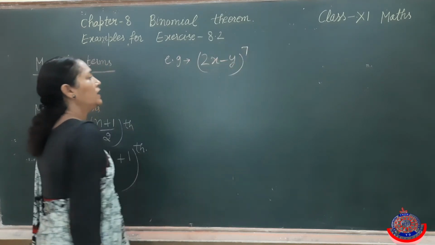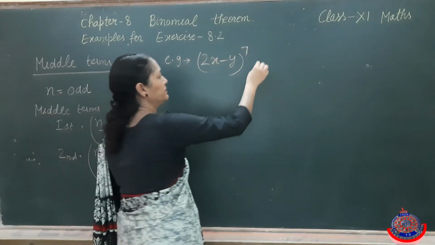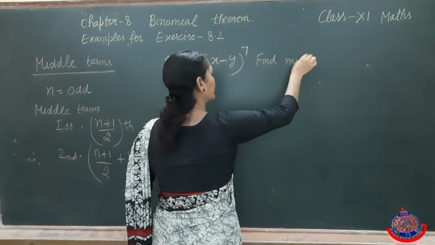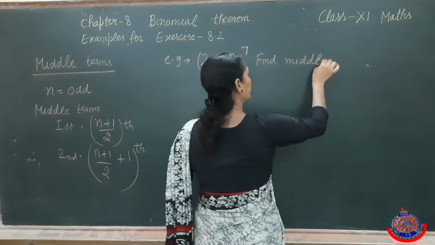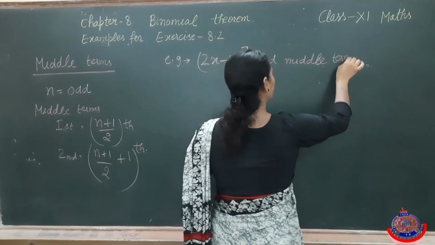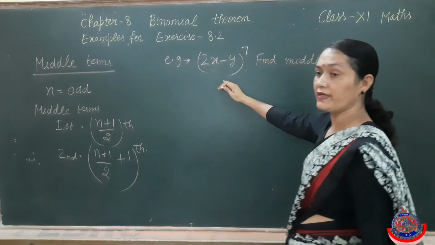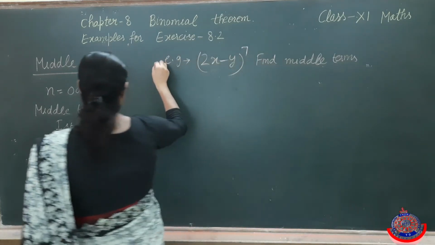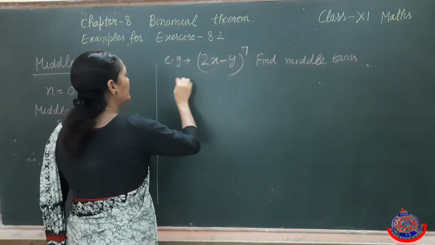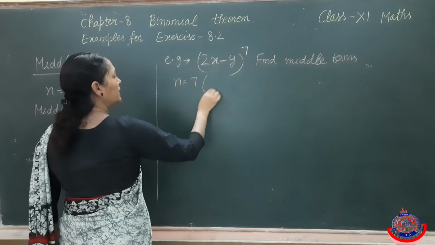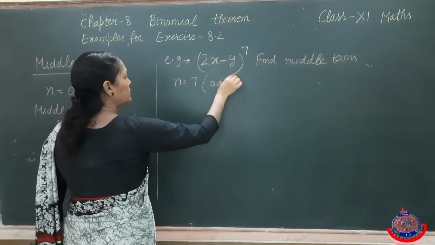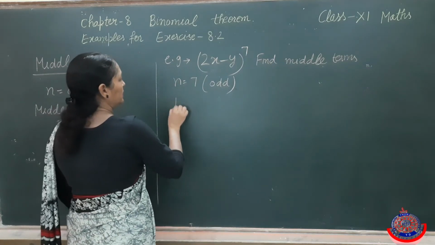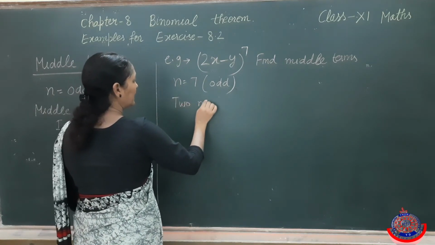This is the question. Find the middle term. This expansion is given and they are asking for middle terms. First of all, see n is 7, means odd. That means two middle terms are there.